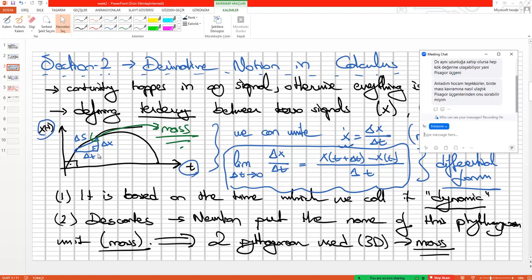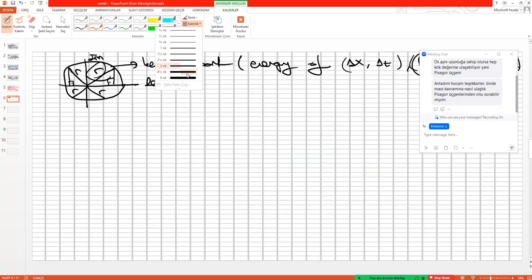In the Pythagorean theorem, we build two Pythagorean triangles to create 3D, x, y, z. And so we have the volume, and Newton defines that this is not just a volume, this is something else, this is mass. Okay, and so we can define the mass in the 3D just like this one.